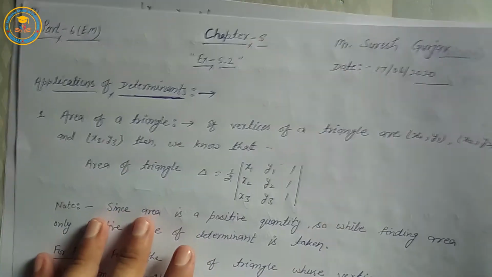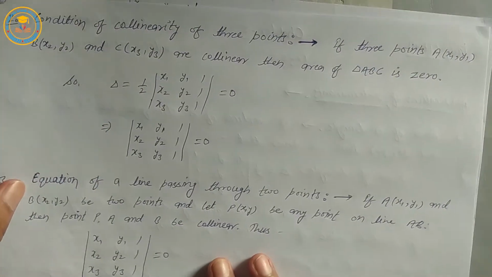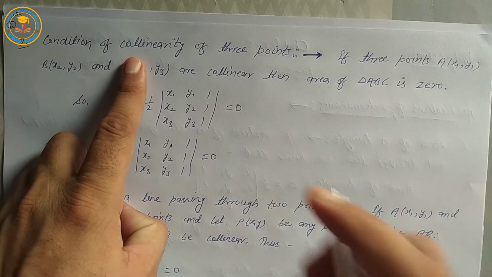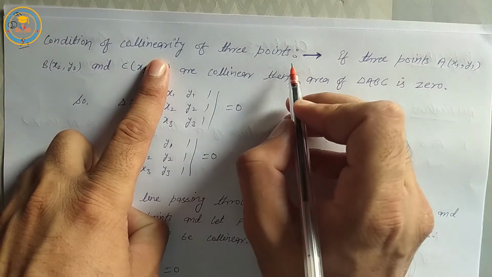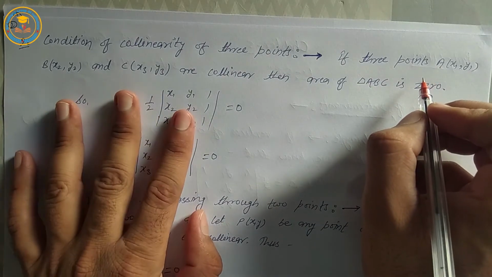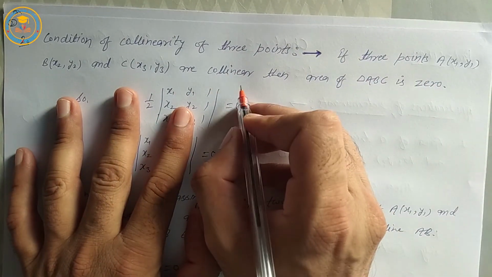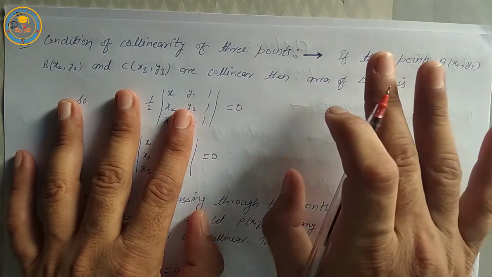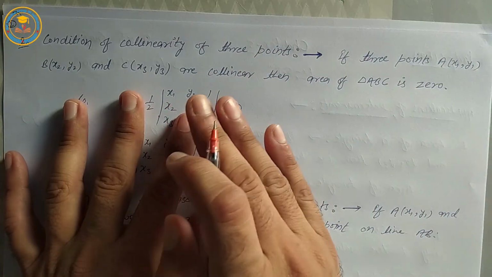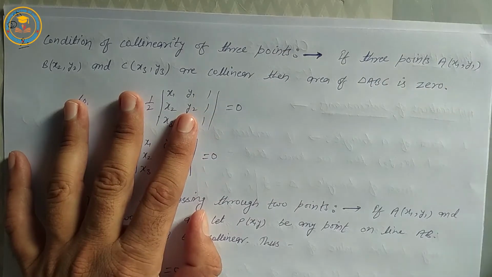Next application: condition of collinearity of three points. If three points A, B and C are collinear, it means the points A, B and C lie on a straight line.